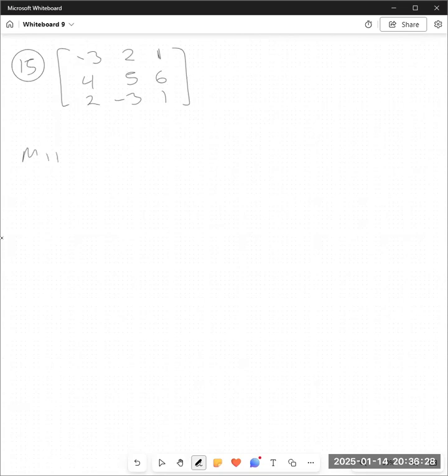M1,2, M1,3, M2,1, M2,2, M2,3, and then M3,1, M3,2, M3,3, where this is first row, first column.